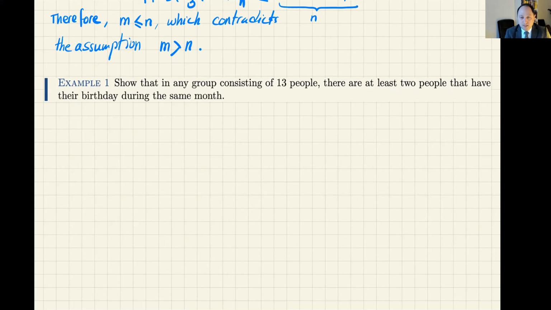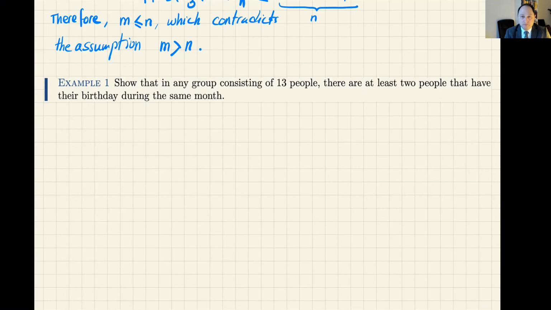And then say that the number of pigeons is more than the number of pigeonholes. So according to the pigeonhole principle, there should be at least one pigeonhole containing more than one pigeon. Now can you tell me what will play the role of pigeonholes in this problem?